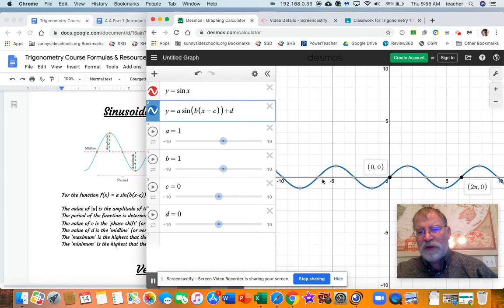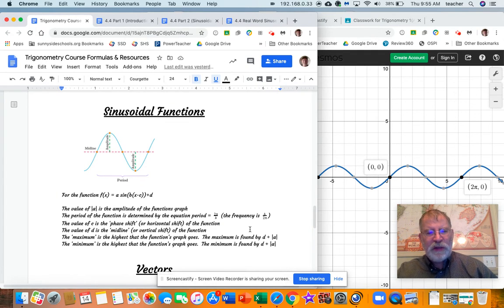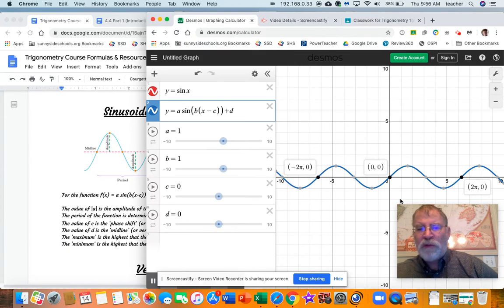If I go backwards, from there to there is one period, and from there to there is another period. Here's how you find the period. The period in the absence of any b is 2 pi. But if there's a b, the period is 2 pi over b.